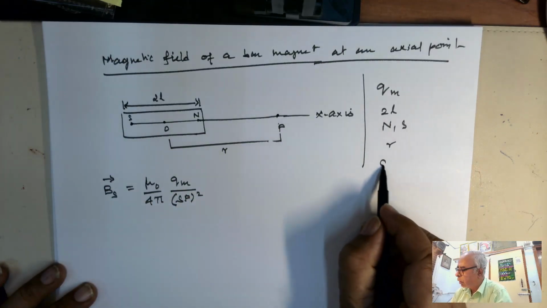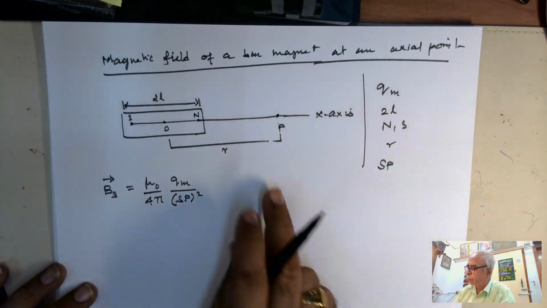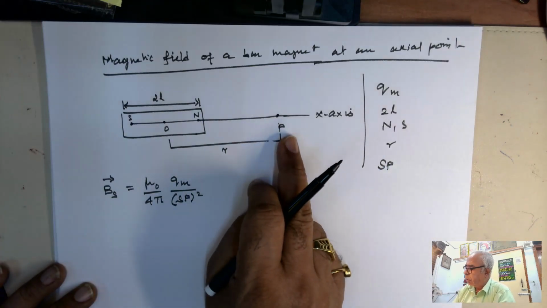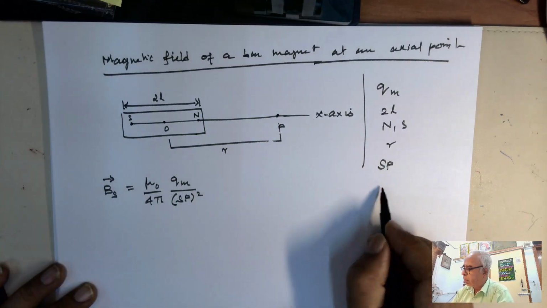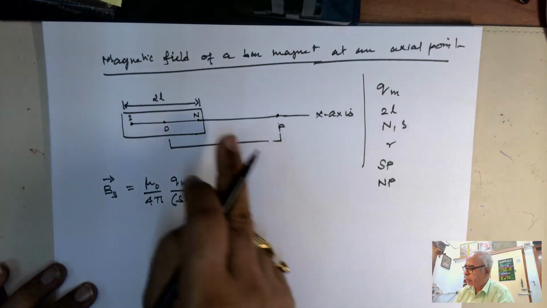So it means you have the distance of the point P from the south pole, that is SP. Similarly, we will indicate NP, that is north pole.